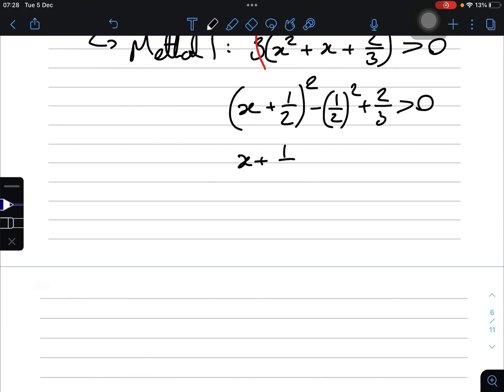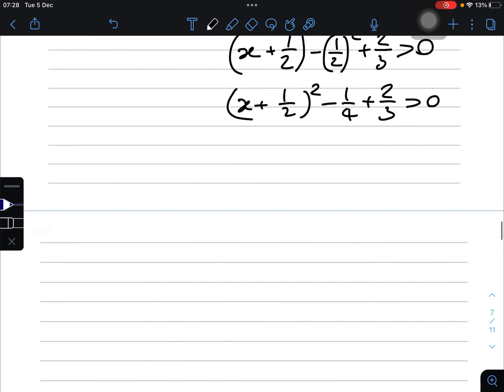That means we've got (x plus 1 over 2) squared, and then minus a quarter plus 2 over 3 greater than 0. Common denominator is 12, so multiply the first one by 3, second one by 4. So we've got 3 minus plus 8, so therefore we're left with plus 5 over 12.